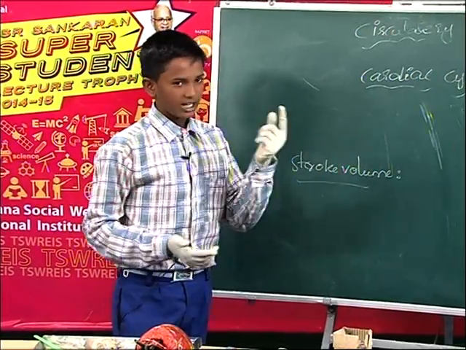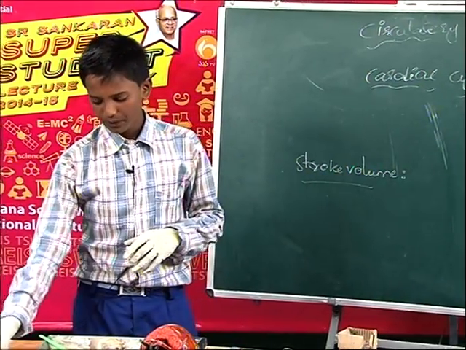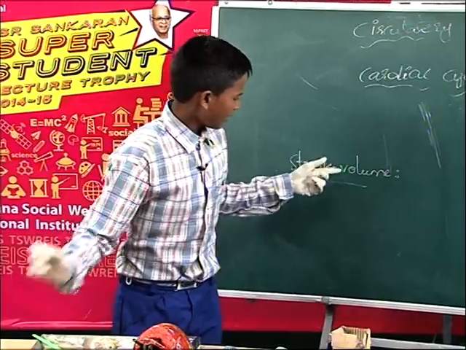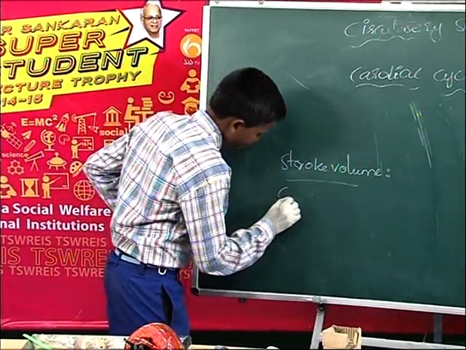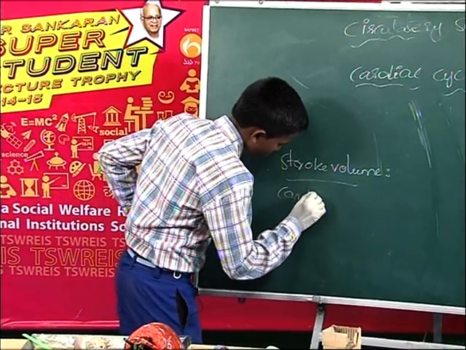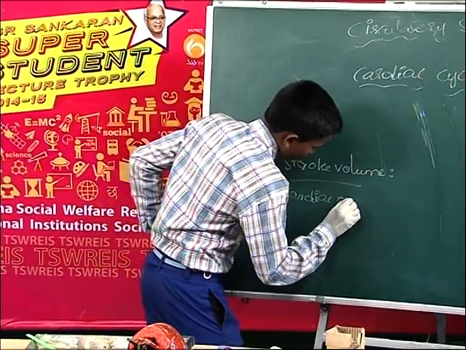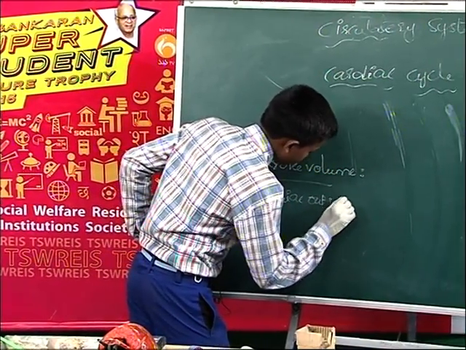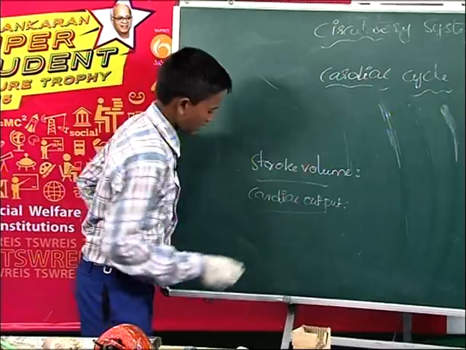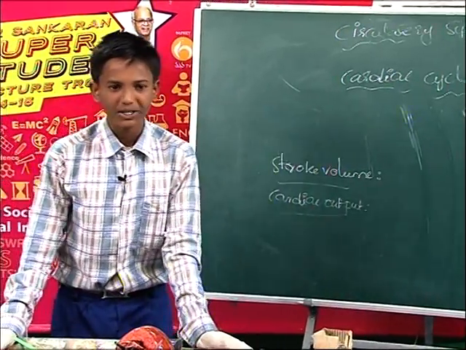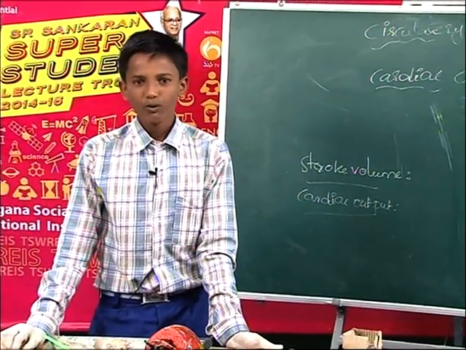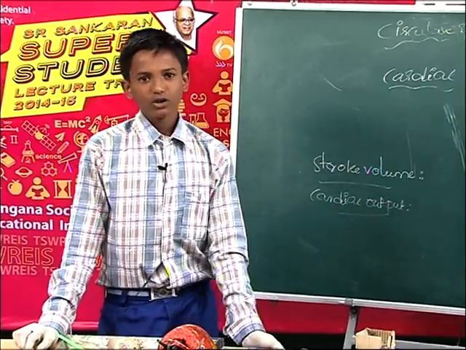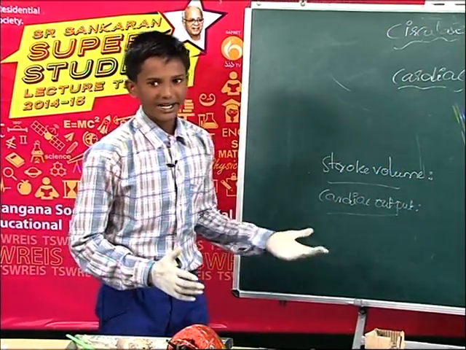Next, cardiac output. Cardiac output is the volume of blood pumped by each ventricle in one minute.